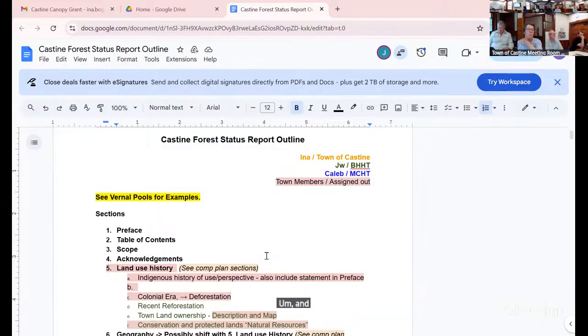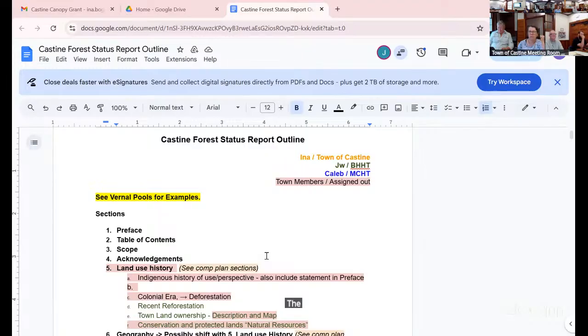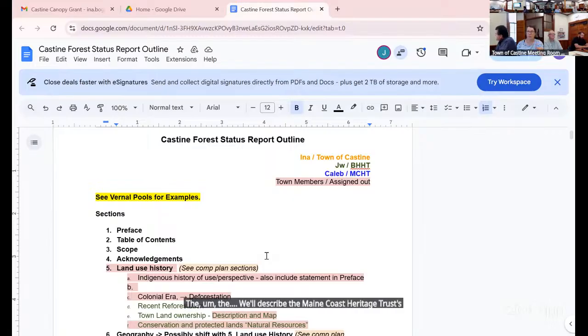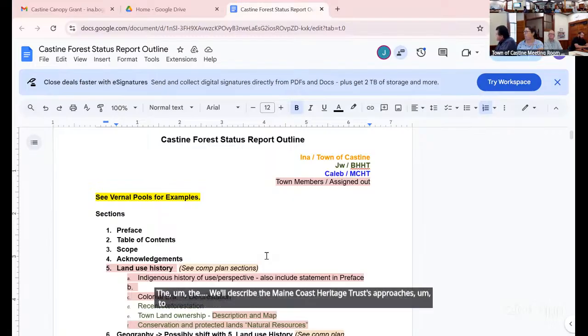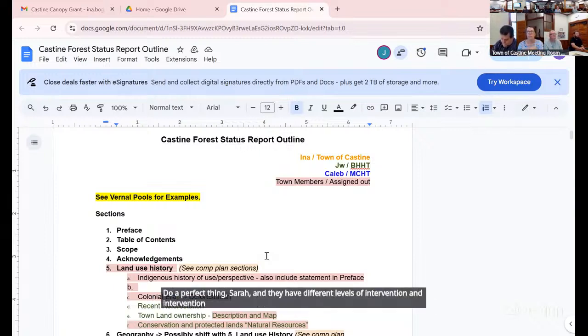We hope Caleb from Maine Coast Heritage Trust will give us an annex describing their approaches to managing Witherley Woods, because there are 7 different easements with different rules and restrictions. They already do a fair amount there, with different levels of intervention based on those easements.